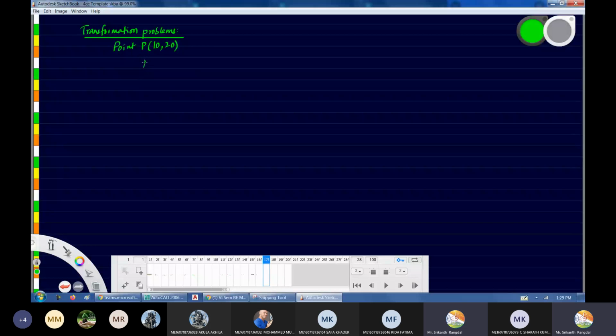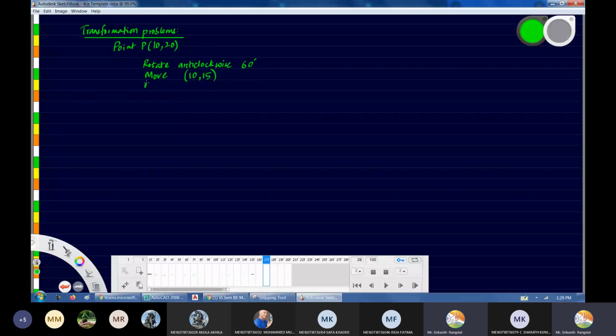Now we have to first rotate anti-clockwise by 60 degrees, let us say. Then move it by a distance of 10 in the x direction and 15 in the y direction.